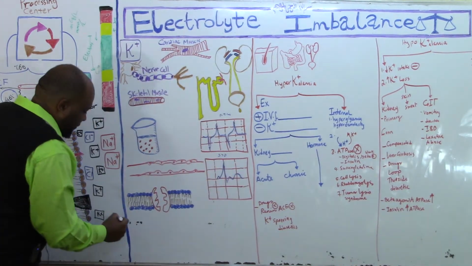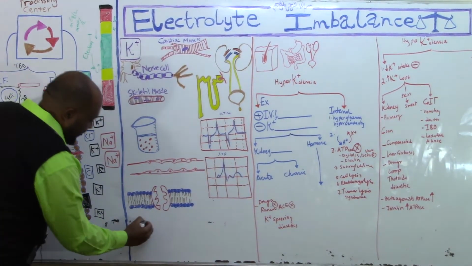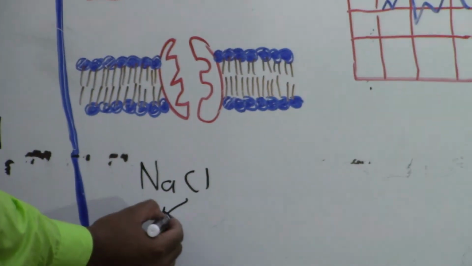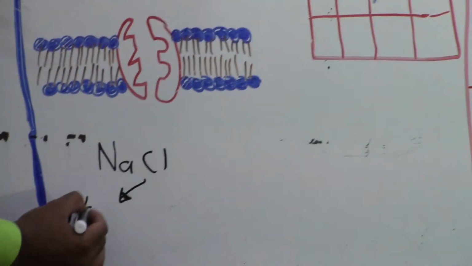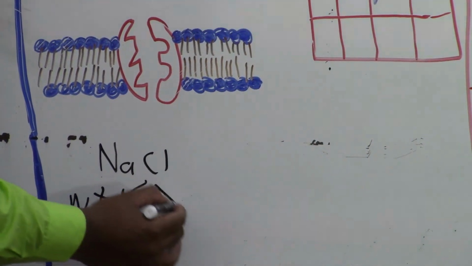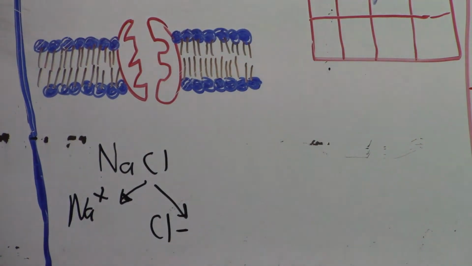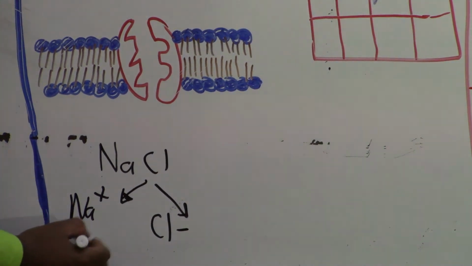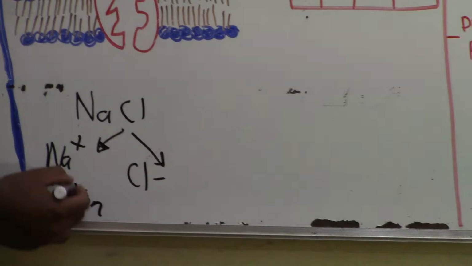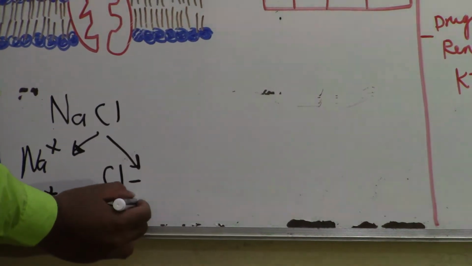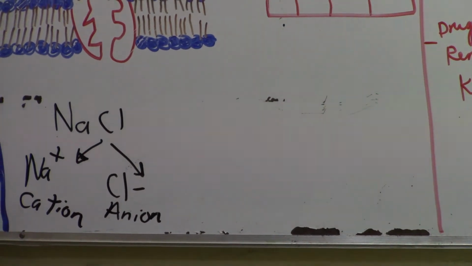So in the case of sodium chloride, when put in water, it will break off into sodium with a positive charge and chloride with a negative charge. The sodium is called a cation in this situation, bearing a positive charge, while chloride is called an anion, bearing a negative charge.